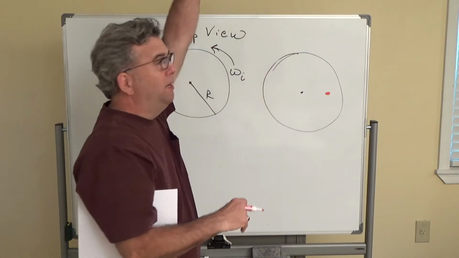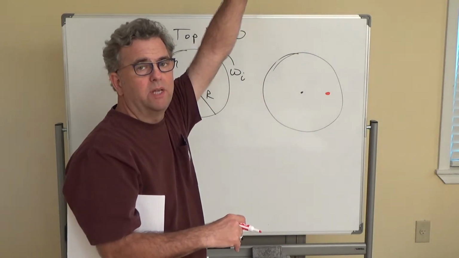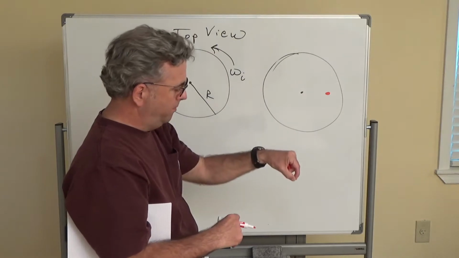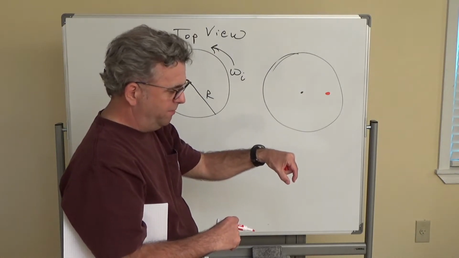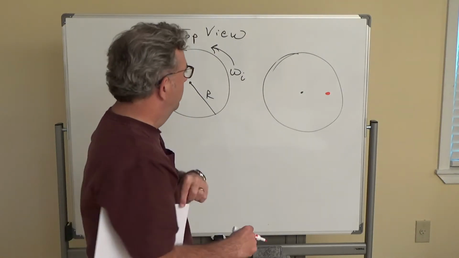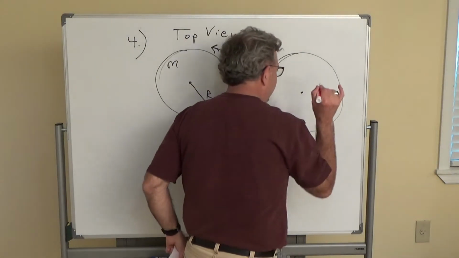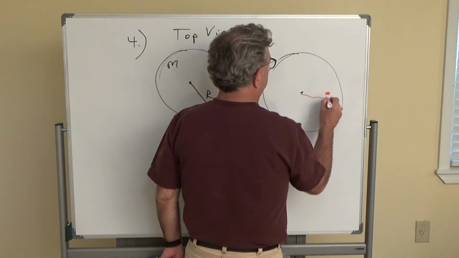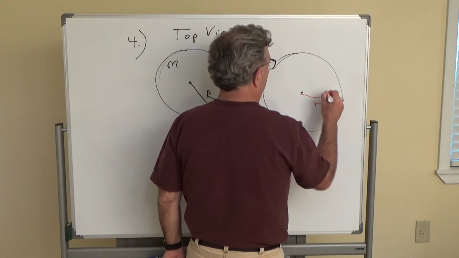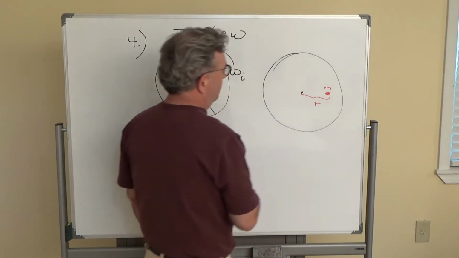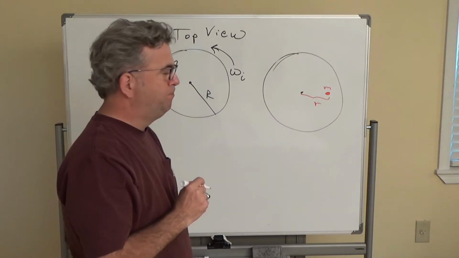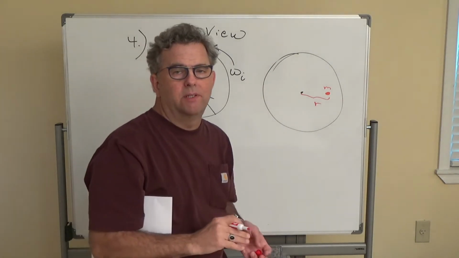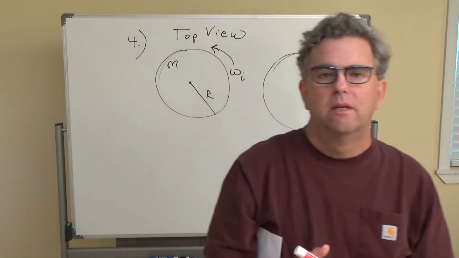Now, they don't drop it from the top of the Empire State Building. They drop it from a little tiny distance above. It hits the turntable and sticks. This distance is R, and I'm going to call the clay's mass little m. What's going to happen? Let's just think about the physics.